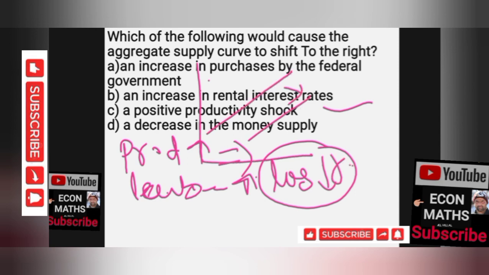So the correct option is a positive productivity shock. Similarly, if there is a negative productivity shock, then the aggregate supply will shift to the left. This will be caused by an increase in the wage rate of labor. So a positive productivity shock, like an increase in labor efficiency, will decrease the labor costs, which will shift the supply curve to the right. So the correct option to this question is a positive productivity shock.